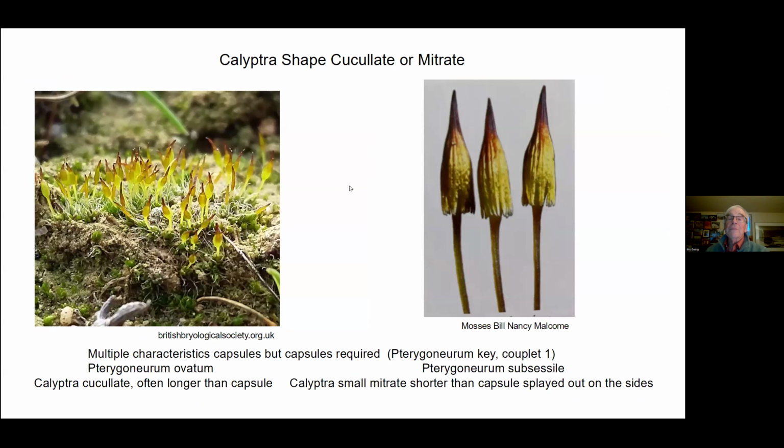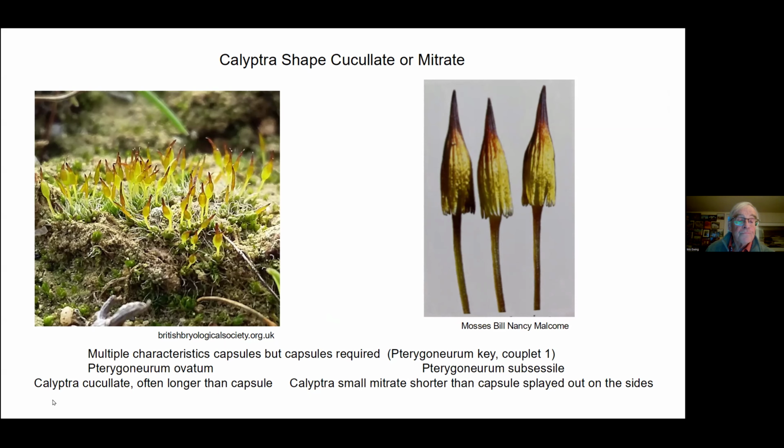Also, that was calyptra size. Calyptra shape is also used to distinguish species. In the Pterigynandrum key in couplet 1, and actually I think that these are the only two species in the key, the characteristic of calyptra shape is used.